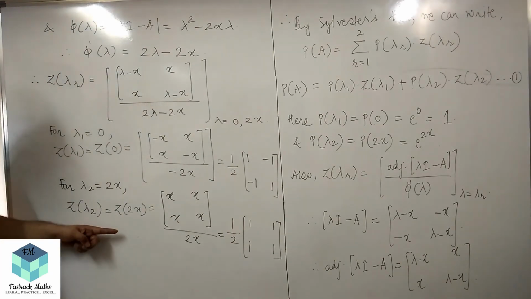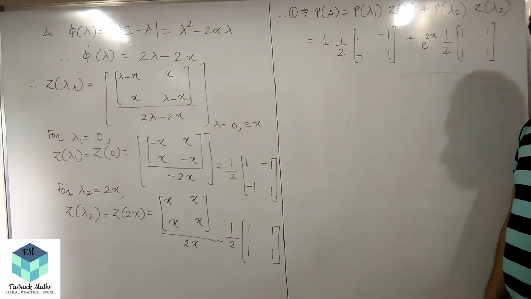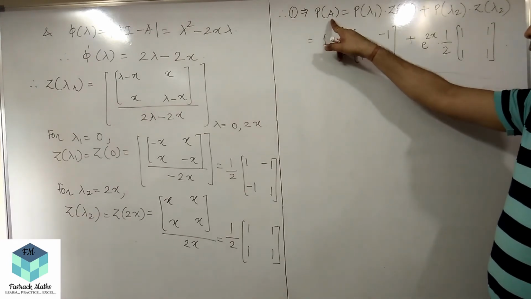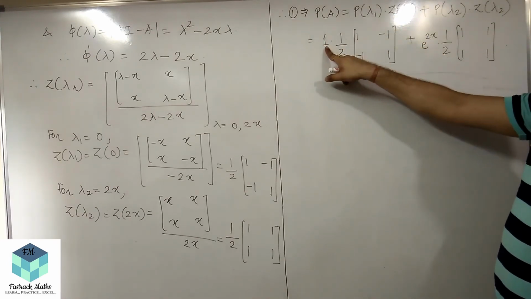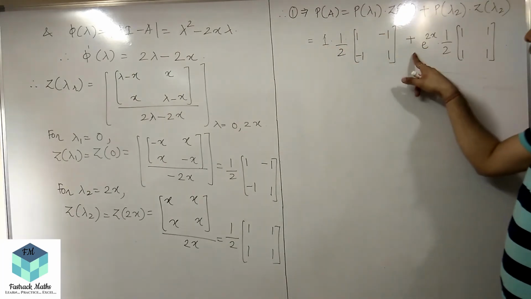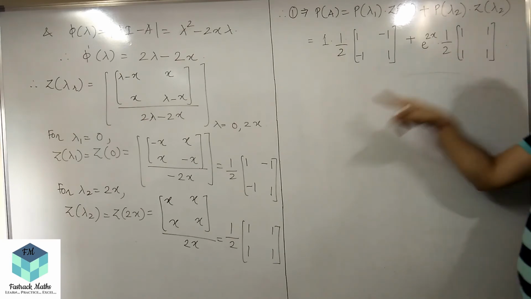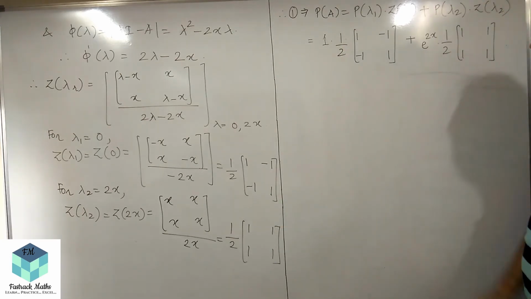And now we will substitute these values in equation 1. So equation 1 implies P of A is equal to P of lambda 1, which is 1, into Z of lambda 1 plus P of lambda 2, which was e to the power 2x, into Z of lambda 2, which is written over here.